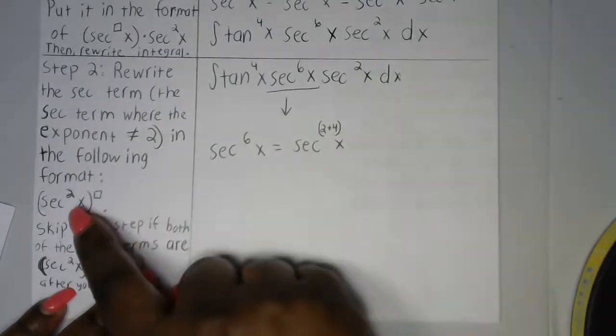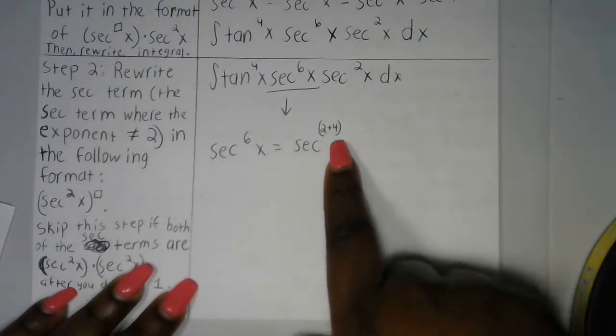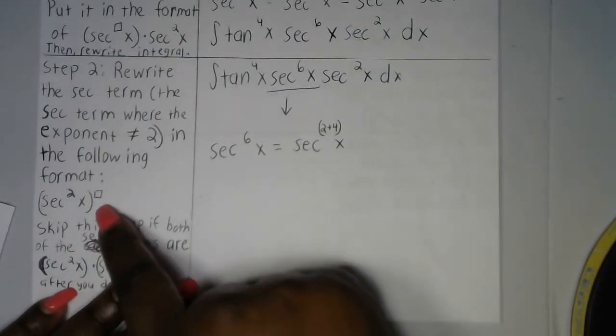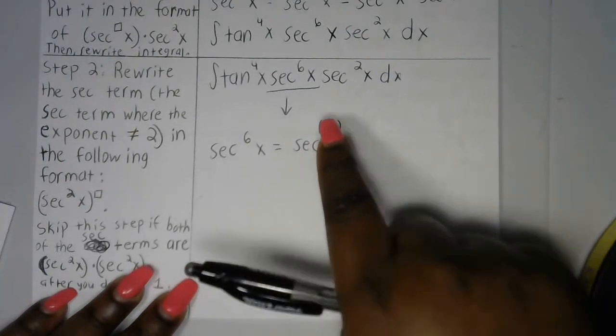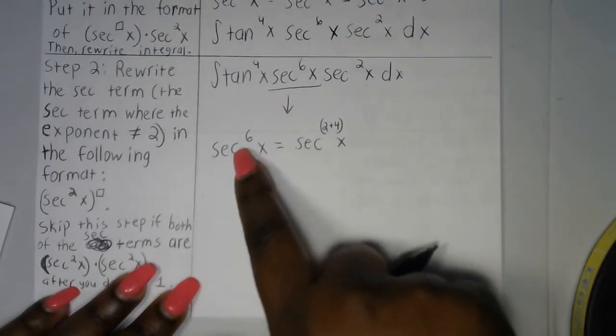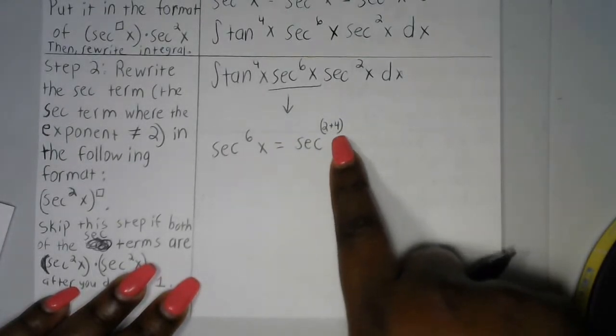Now remember, we have to put it into this format, so it has to be 2 plus something, because we're trying to put it into the format of secant x squared to the power of something. Since 6 minus 2 is 4, secant x to the 6th can be broken down into secant x to the power of 2 plus 4.